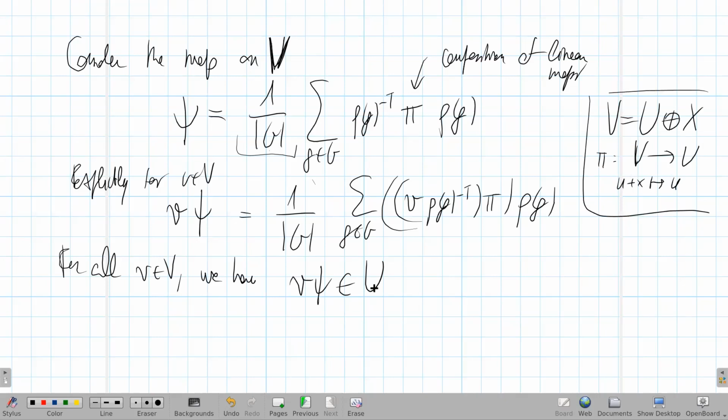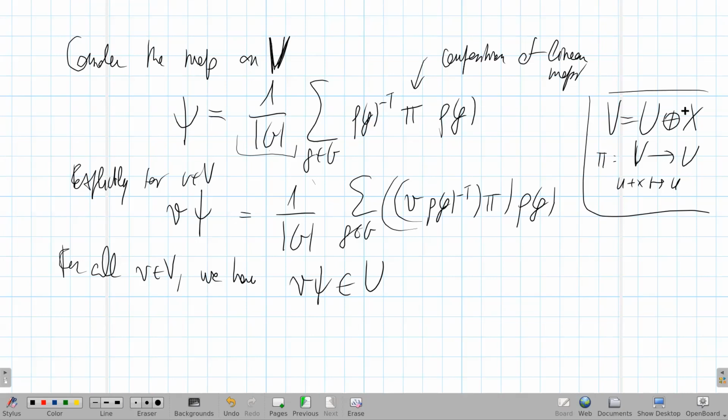Why is it so? Well, the reason is simply, this is a sum. So if I show that all summands are in U, I'm done because U is a subspace. And then you multiply by a scalar, it's okay. Let me first state it and then I'll write it down. You apply to v this rho G inverse. This is still an element of V. But once you apply pi, you end up in U, okay?